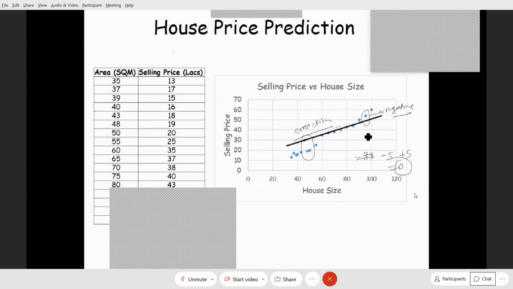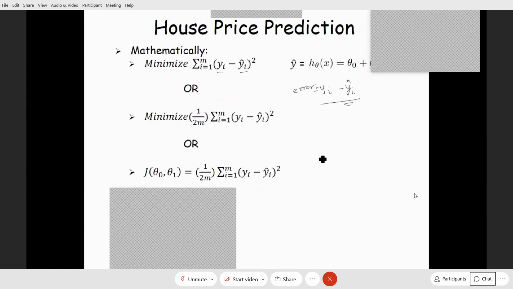Error is an error, whether you estimate it high or low. So to avoid that, you have a square sign here, so mean square error, as we say. This is the real value, this is the estimated value, and you square it. The summation of all of them is to be minimized, and this is what is known as my objective function.